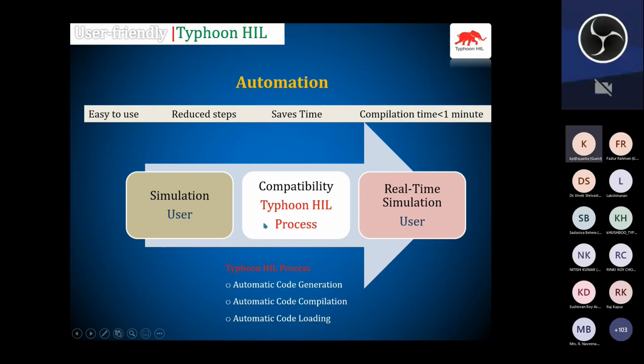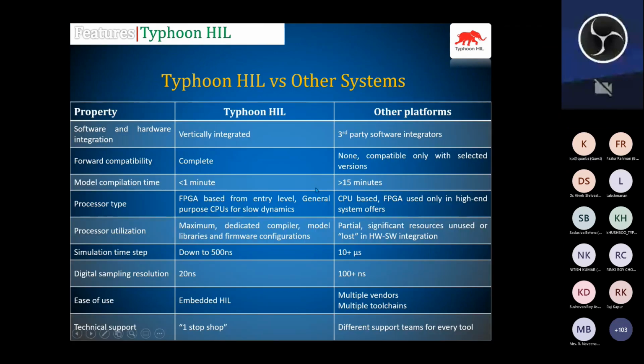Regarding compatibility, Typhoon HIL is compatible with other platforms also. You can have automatic code generation, automatic code compilation, and automatic code loading. This is all done by the Typhoon HIL software itself. We provide our own software and own hardware.